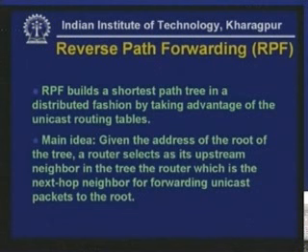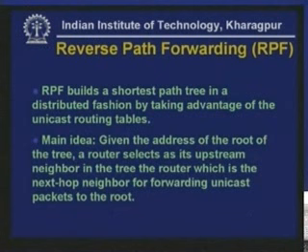Now let us see the details of reverse path forwarding. RPF, this is the way to build a tree. RPF builds a shortest path tree in a distributed fashion by taking advantage of the unicast routing table. The main idea is the following.